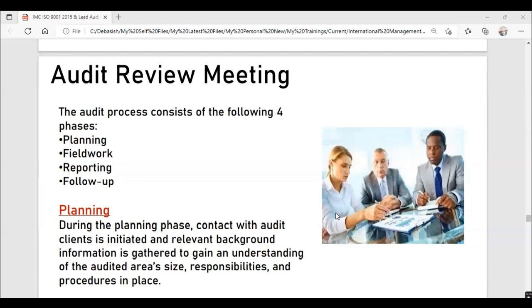Throughout fieldwork, the auditor discusses initial audit observations and outstanding document requests with the auditee during the status meetings. It also allows the auditee to clarify or provide additional documentation to resolve any concerns or clear any preliminary observation.